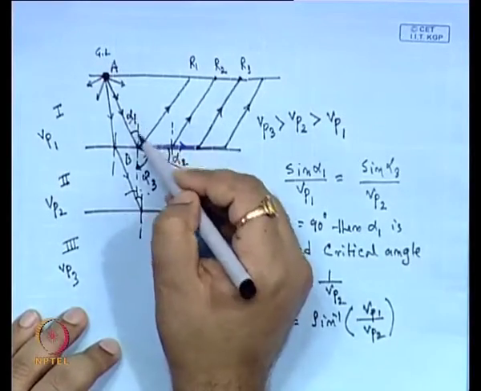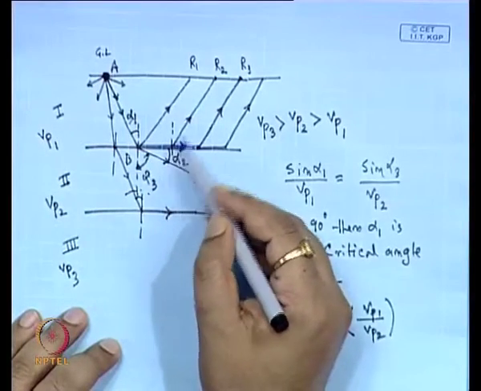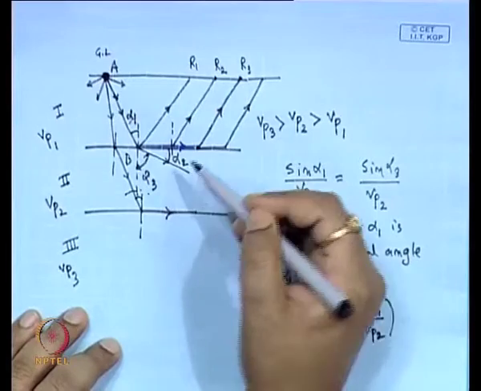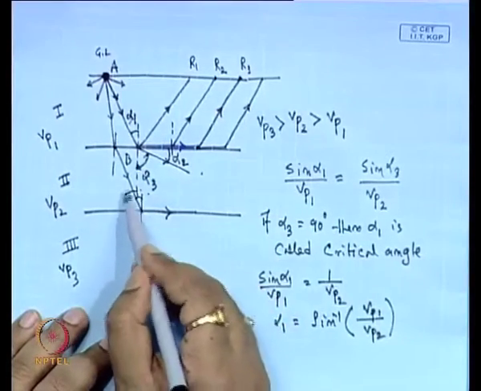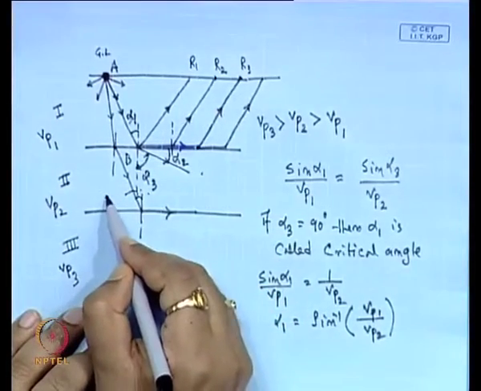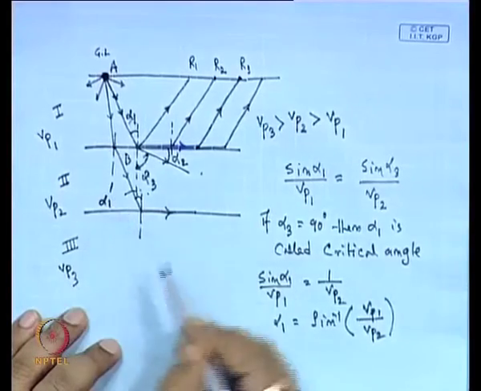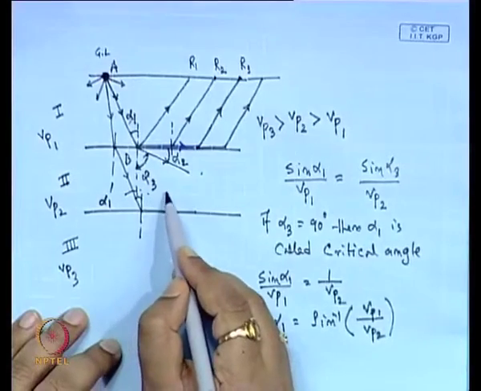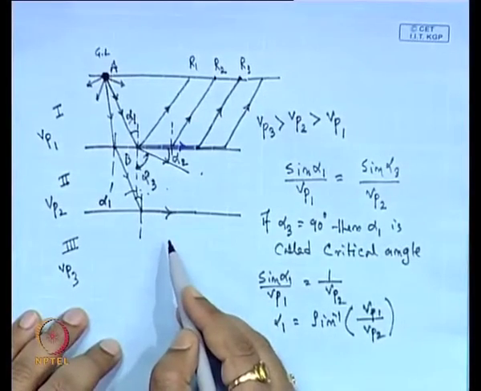So, this alpha 1 is the critical angle with respect to the first layer and second layer, and this angle, say alpha 1 dash, is the critical angle with respect to the second layer and third layer.